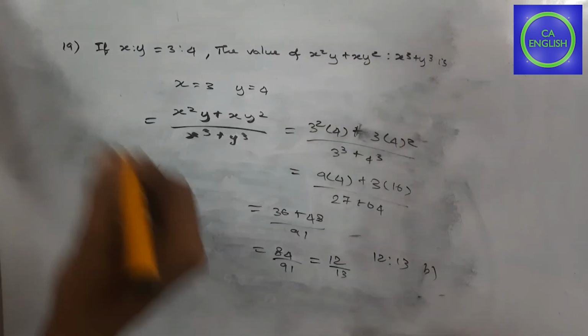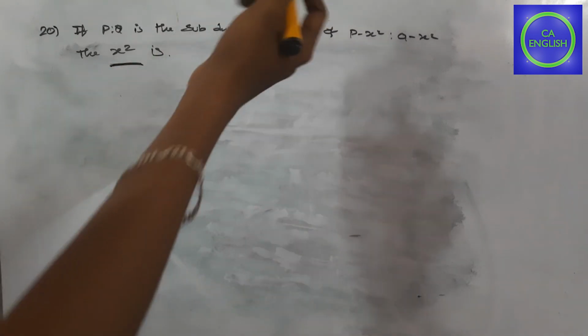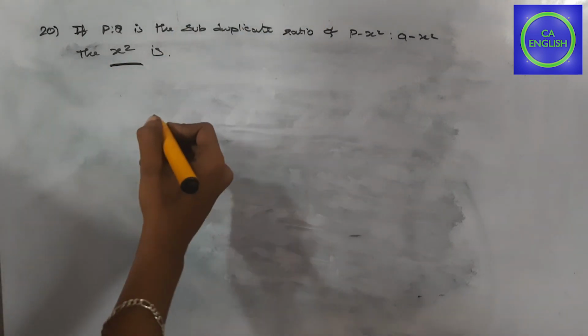It's very simple. And we are getting into the last sum of today's video, and this is the 20th sum of exercise 1. If P is to Q is the subduplicate ratio of P minus x square is to Q minus x square, we want to find the value of x square. First we want to write the given values.